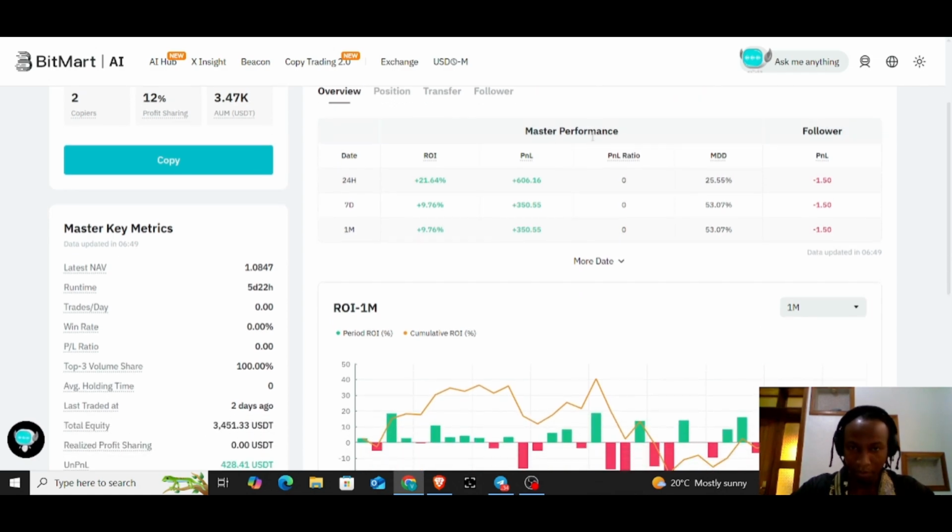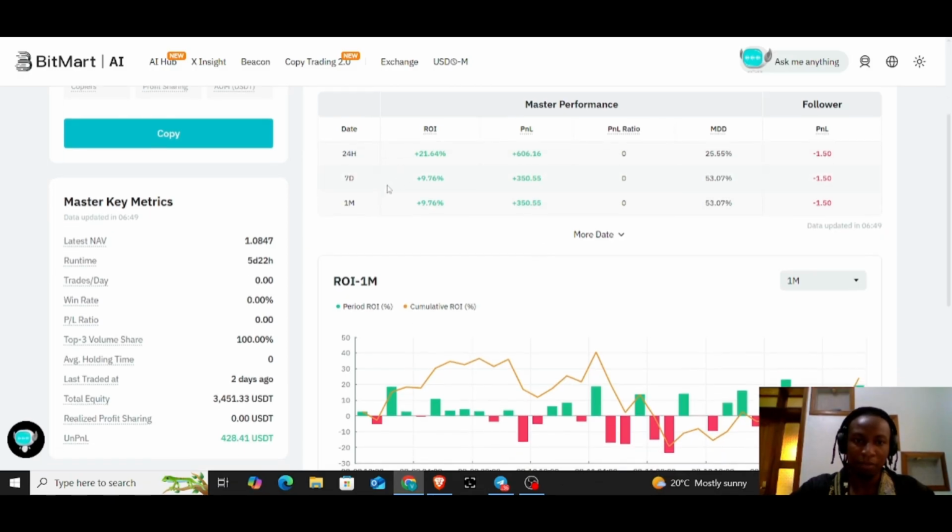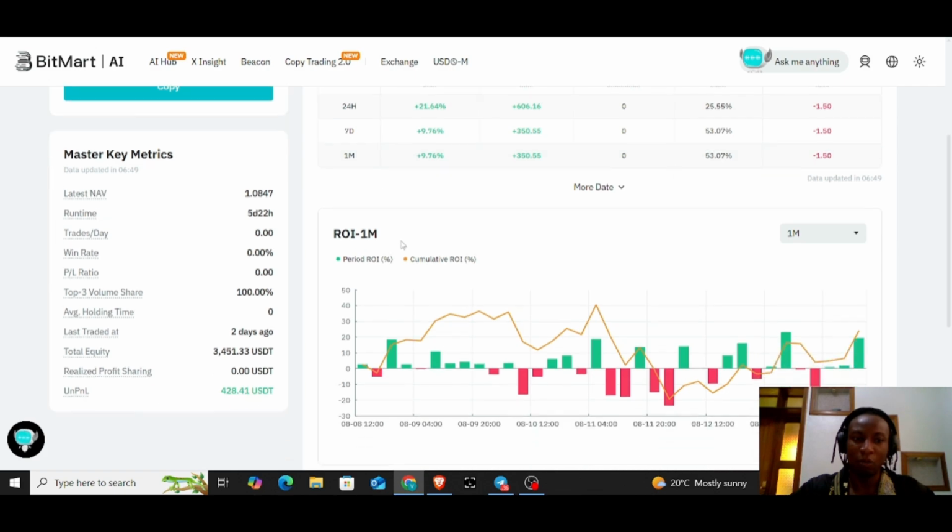And you also have the return on investment within a 24-hour time period that you can look at, and you can see that he's been able to generate 21.64% returns, and the profit and loss percentages right here, right? The P&L is around 606%, and so you could see that within a 7-day and 1 month time period too as well.